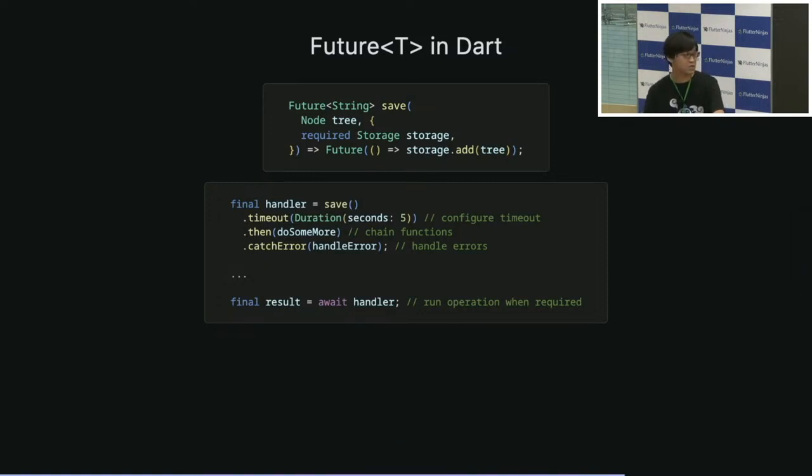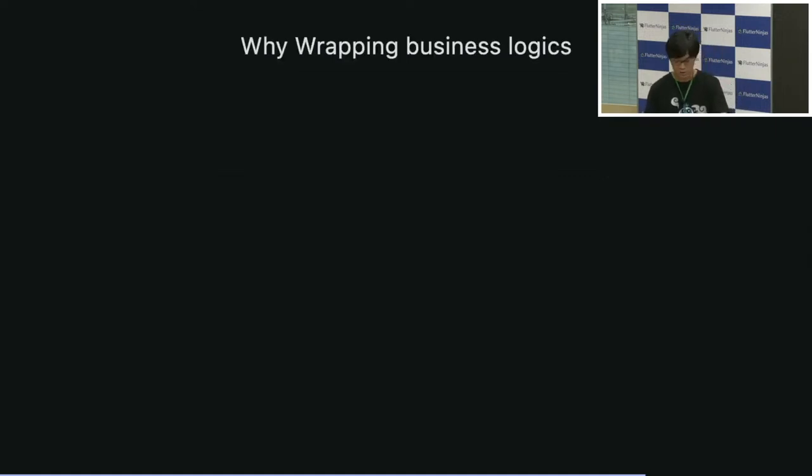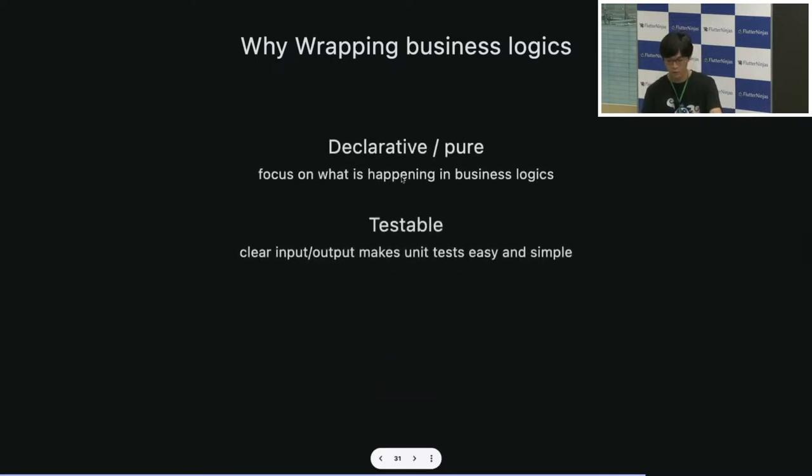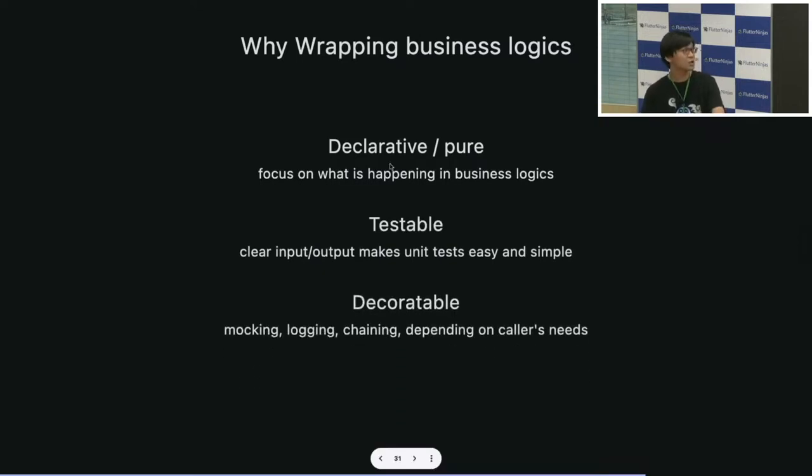We can introduce this kind of trick into the effect object, but I haven't implemented it yet. It's okay, I'm just introducing the idea. By wrapping the business logic with a certain object, the business logic becomes declarative and pure, which means it's testable.